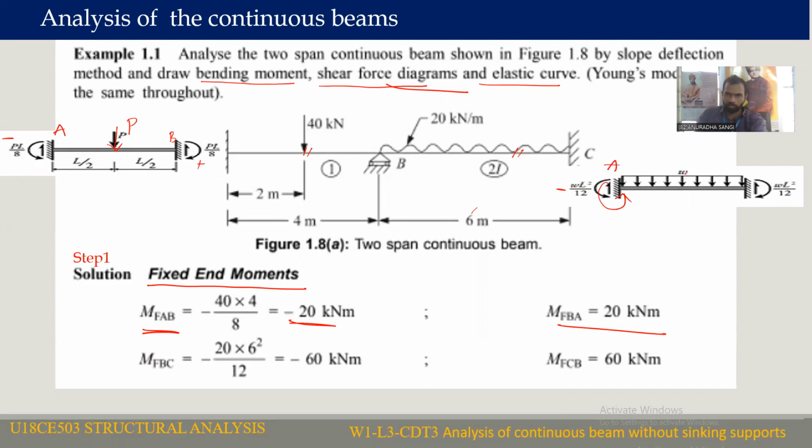MFCB is acting in the clockwise direction, so this is positive, plus WL square by 12. From these formulas, you can calculate. For the second span, MFBC is equal to minus 60 kN·m and MFCB is equal to plus 60 kN·m.